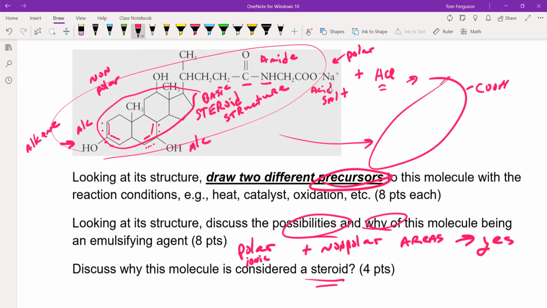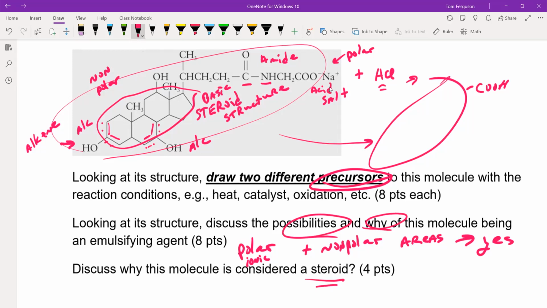Okay. So basically, big giant biological molecules are made up of parts of smaller ones. And the first thing you do with a big giant molecule like that is look at what the functional groups are. We talked about alcohols, we talked about acids and their corresponding salts.